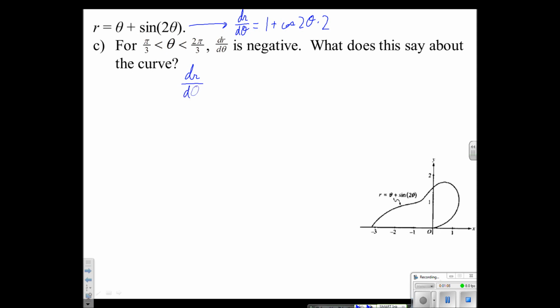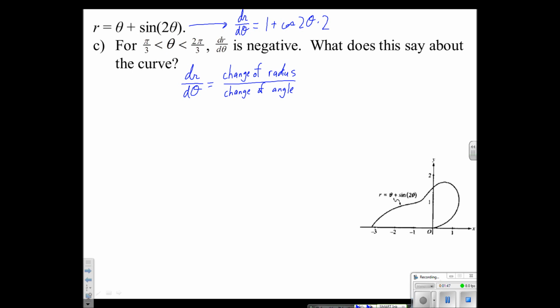And so anyway, we haven't even finished reading the problem. It says, what does this say about the curve? Well, dr over d theta is the change of the radius over the change of angle as theta increases.